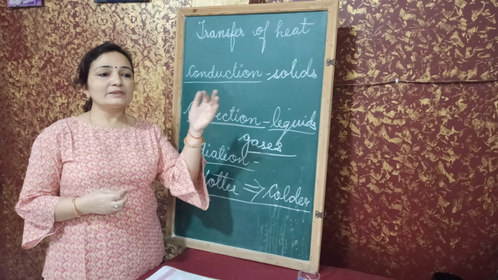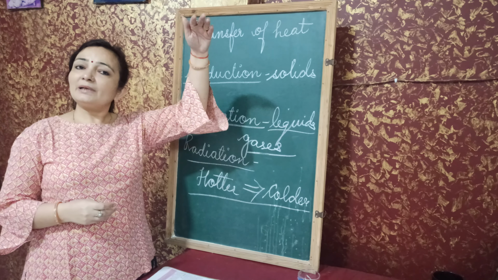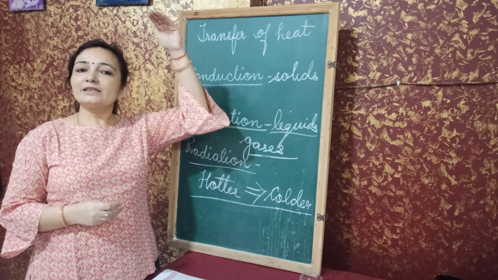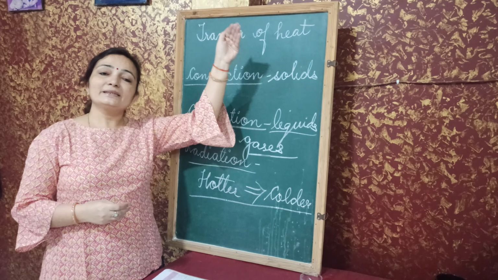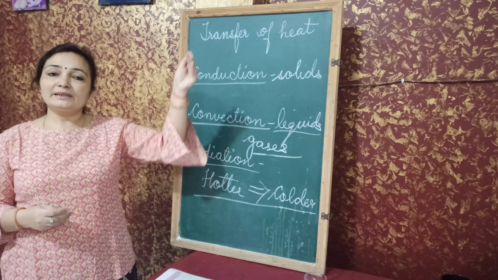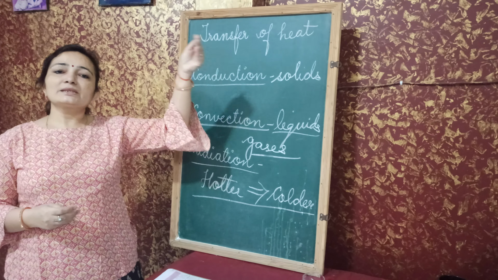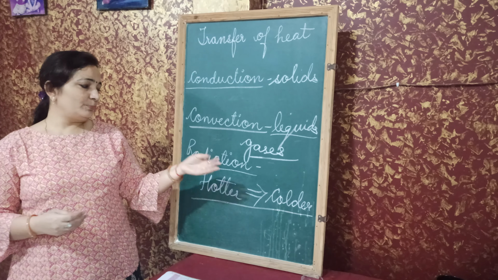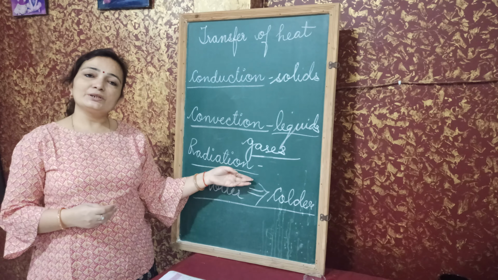The atmosphere surrounding the earth is up to some levels. Above that, there is no atmosphere, but the sunlight is still reaching the earth. The process is radiation.